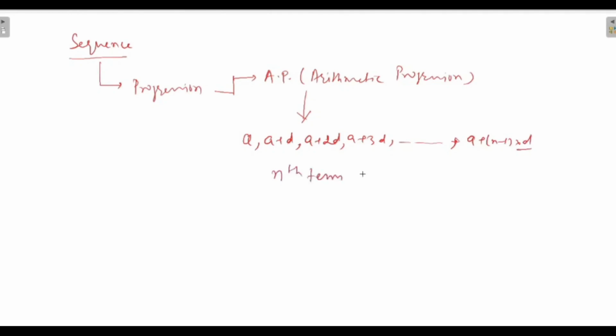The nth term of the AP is A plus (n minus 1) into D, where A is your first term, D is your common difference, and n is your number of terms.